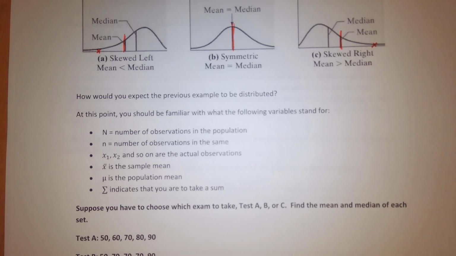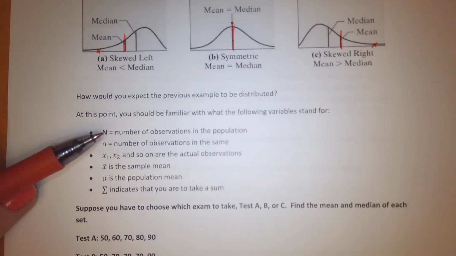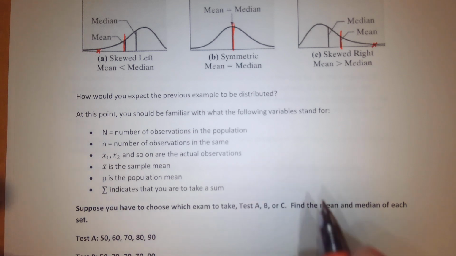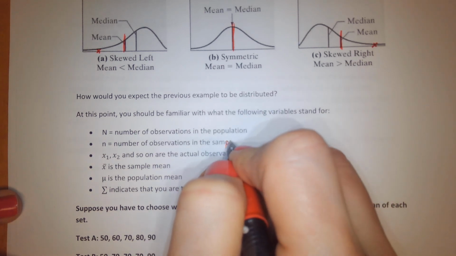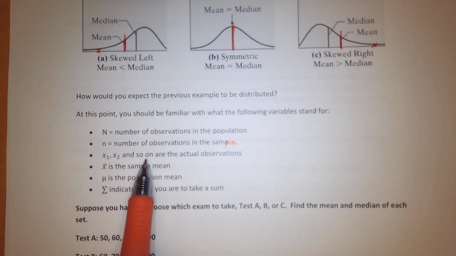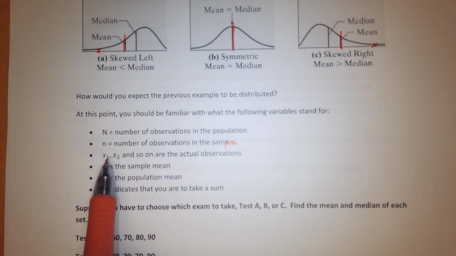At this point, we became familiar with a couple of these variables. Well, we said that capital N stands for the number of observations in the population, where little n is the number of observations in the sample. That should say sample. X1, X2, and so on, X3 up through X whatever, are the actual observations, so they'll all have a different designation.